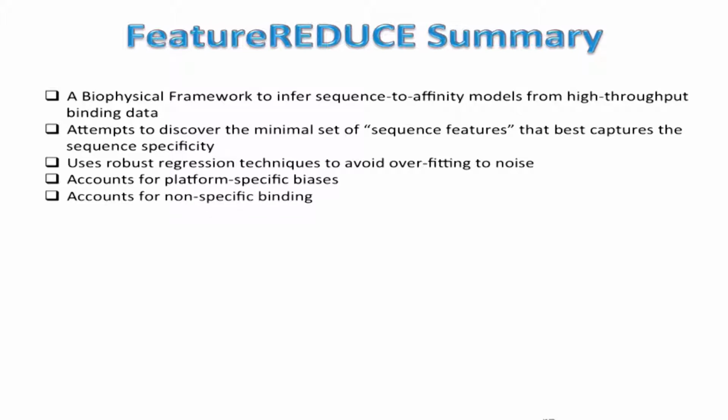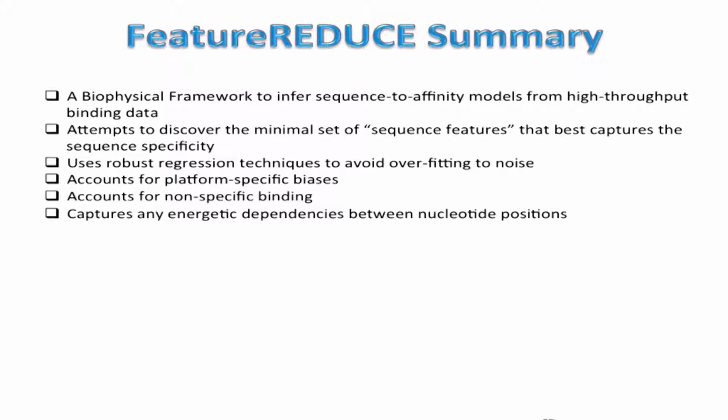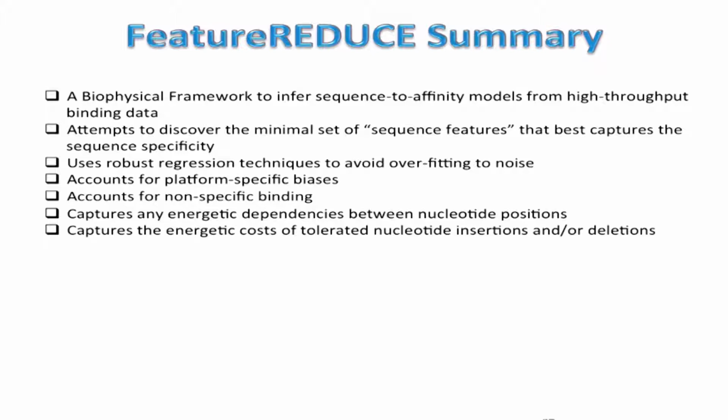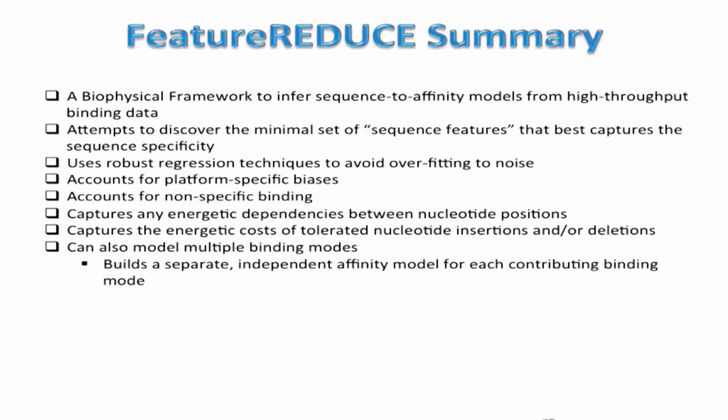It accounts for nonspecific binding. We capture energetic dependencies between nucleotide positions. And I didn't show you, but we can also use the same framework to capture energetic costs for any nucleotide insertions or deletions in the binding site. Multiple binding modes, I just showed you. And we also have the relative affinity estimated between different binding modes.